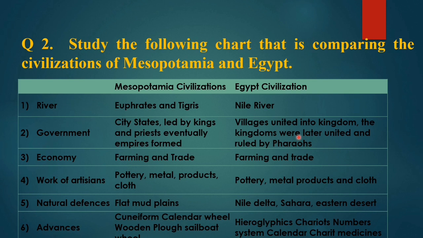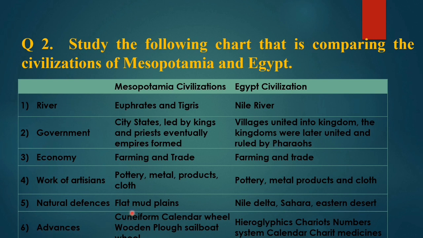Economy. Number 3, Mesopotamia civilization economy, farming and trading. And Egyptian civilization economy was farming and trade. Work of artisan, pottery, metal, products, cloth. Pottery, metal, product and cloth. Natural defense, flat mud plains, Nile Delta, Sahara, Eastern Desert.